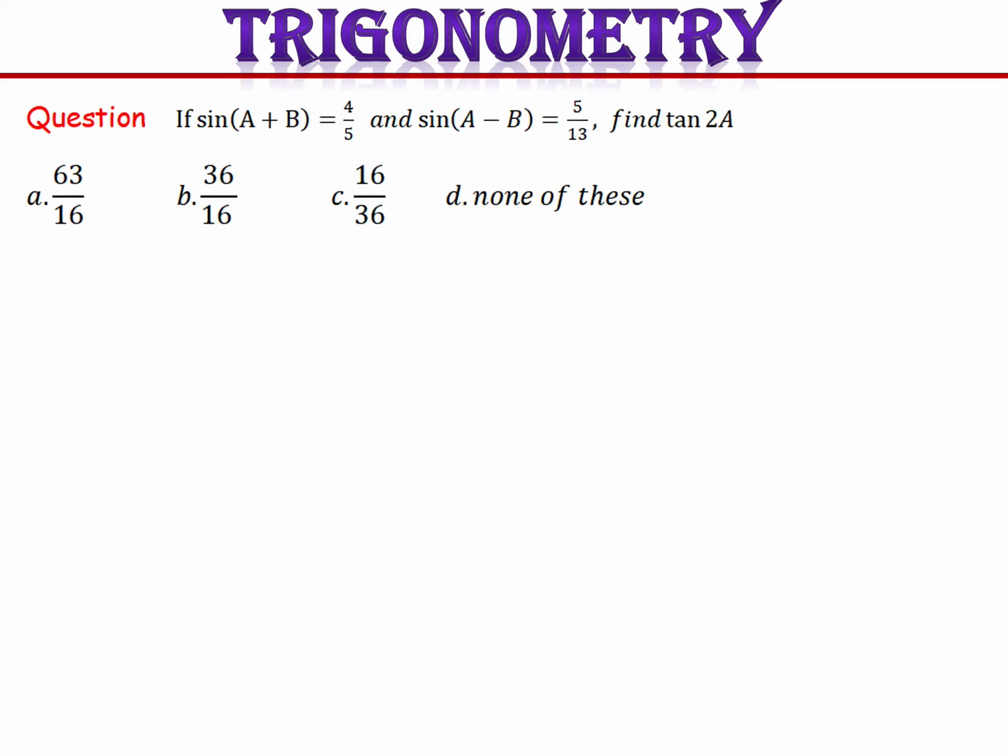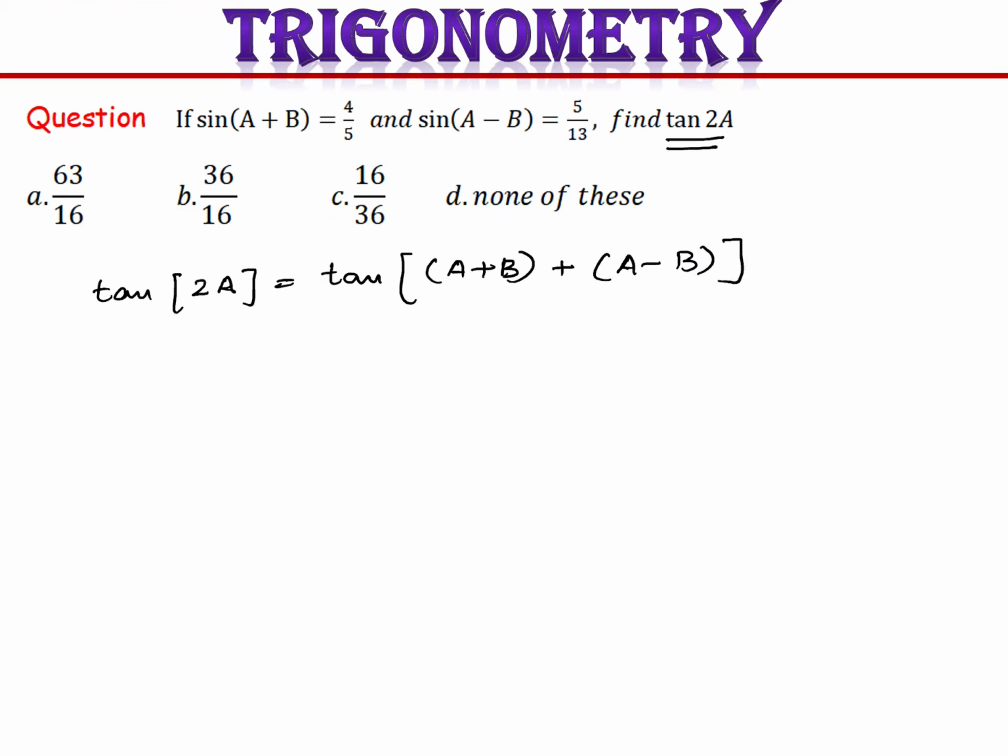Sin (A plus B) is 4 by 5, and sin (A minus B) is 5 by 13. I have to find the value of tan 2A. Let's write tan 2A. This can further be written by adding and subtracting B, so you get (A plus B) plus (A minus B).